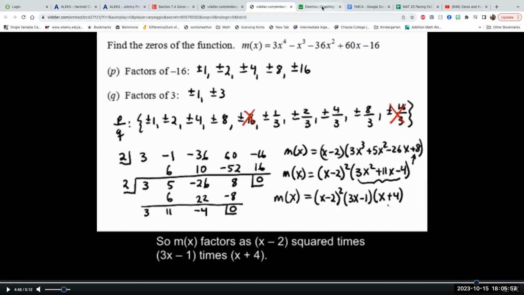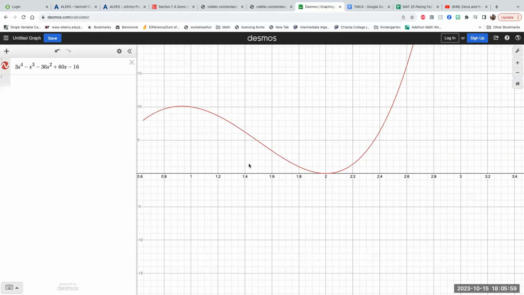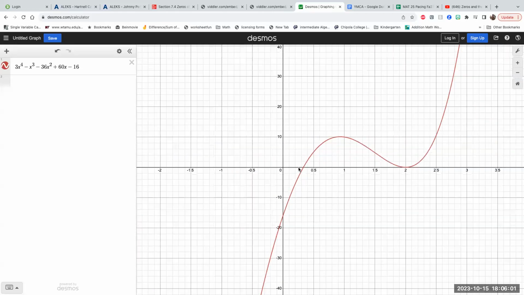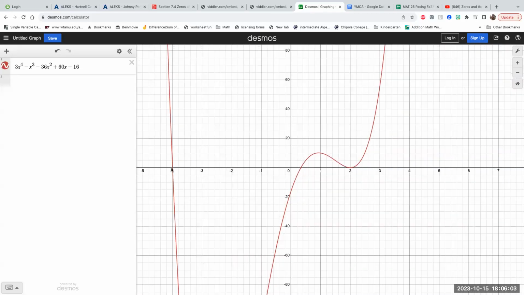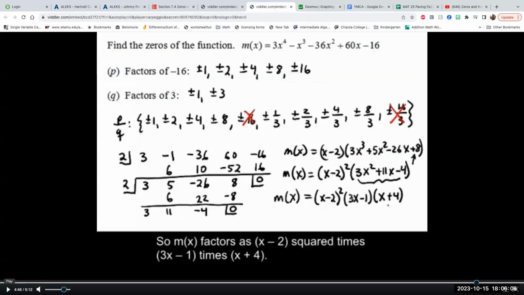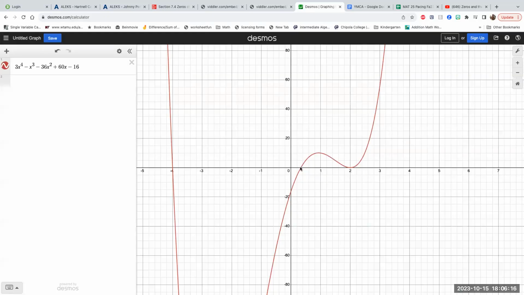So looking at my graph again, let me zoom out. Let me move it over here, zoom out. There's that -4. And then I could also see, going to my graph or to my function, when I solve this, when I set this equal to 0, I'm going to get 1/3. And so here, this value right here is 1/3, right? 0.333 repeating. All right.